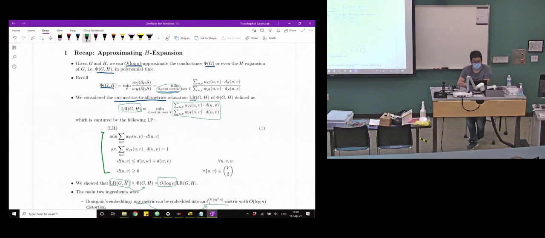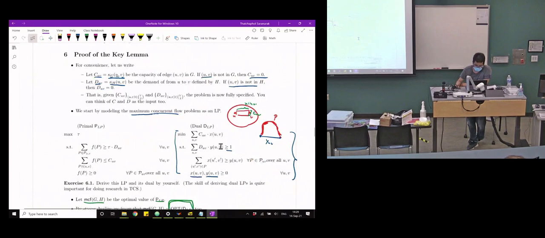Here, this is latent round relaxation. You minimize over all metrics D, such that the total weight in H is 1, and you want to minimize the total weight in G. But I just rewrote this here. Recall, the weight in G is capacity and the weight in H is the demand.